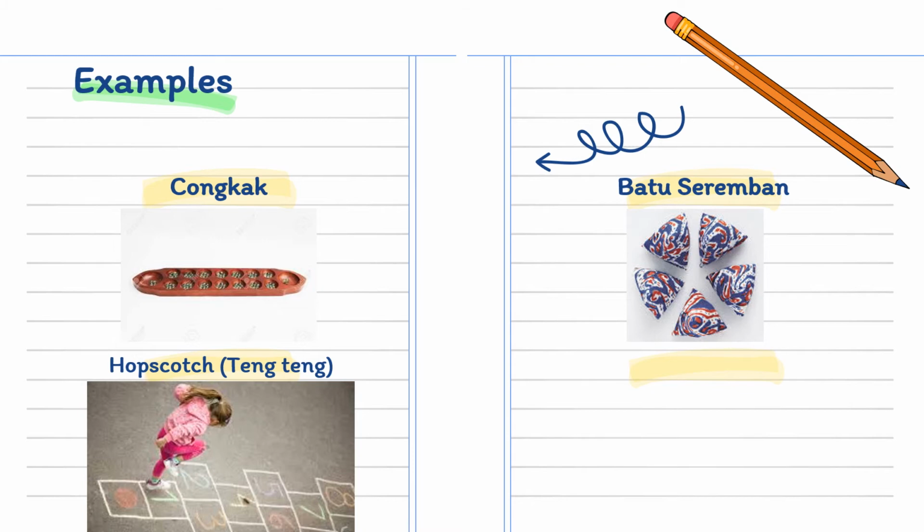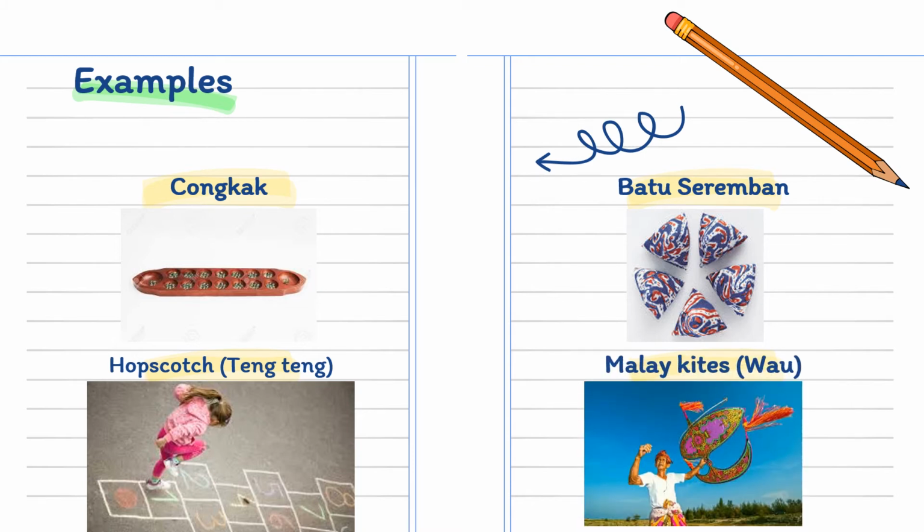And the last one is Malay kites. Oh wow. Kites are layang-layang. So we call it Malay kites.